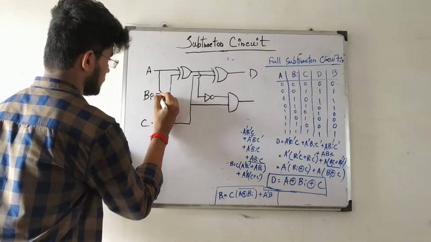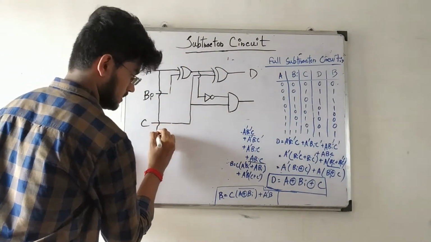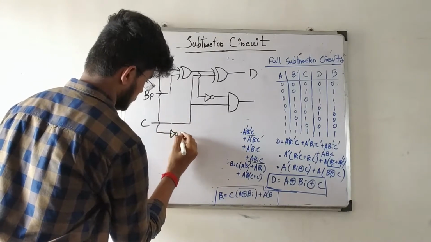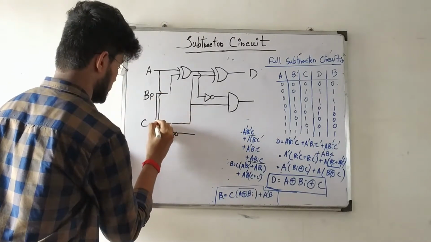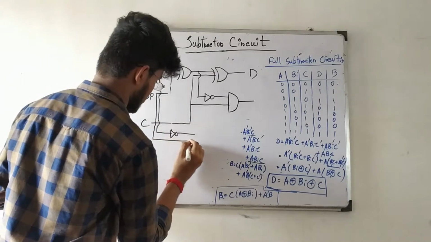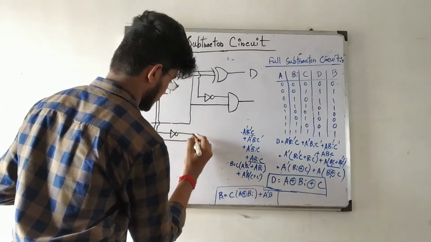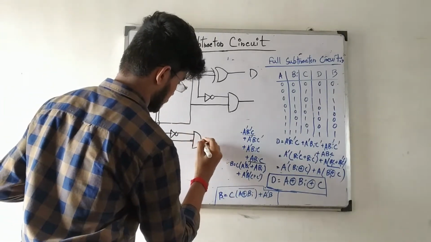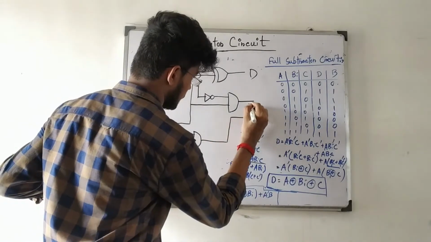So this is C dot (A XOR B) whole bar, plus A bar B. This is A bar and this is B, and this will be added.